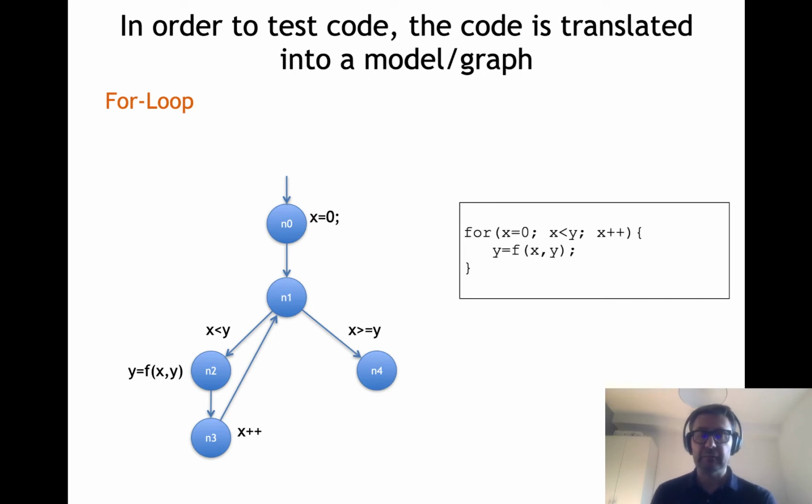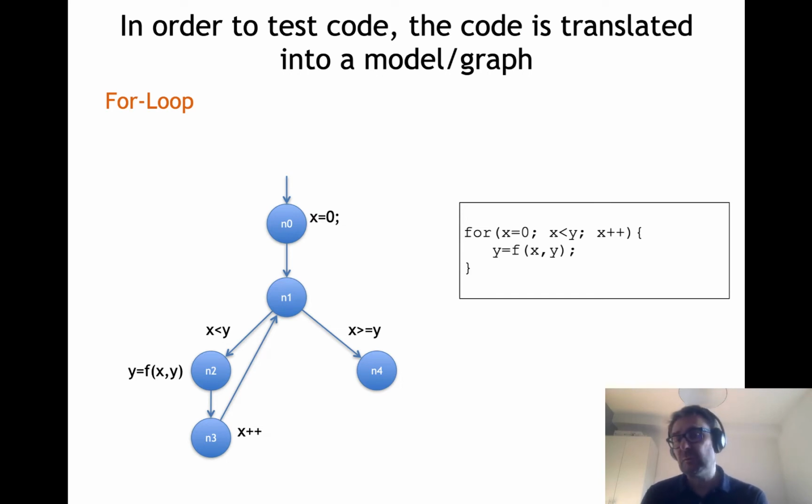So you have an example with a for loop, and then you have to make sure that you don't forget the update of the loop variable and so on. But you can see that there are easy ways to translate most programming languages to these types of control flow graphs.